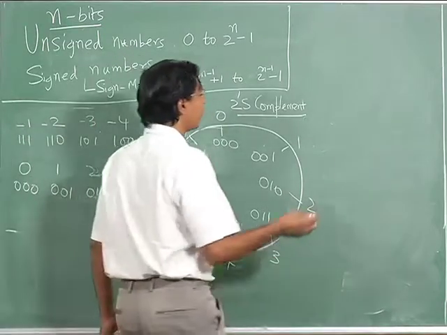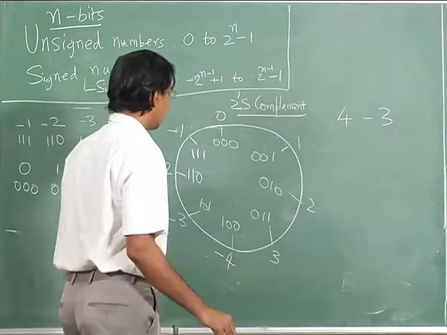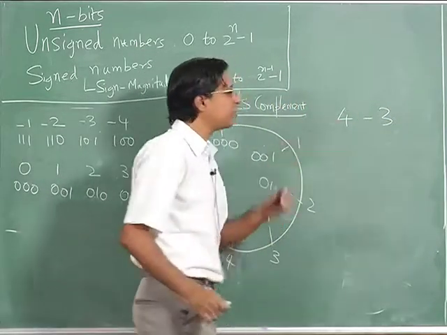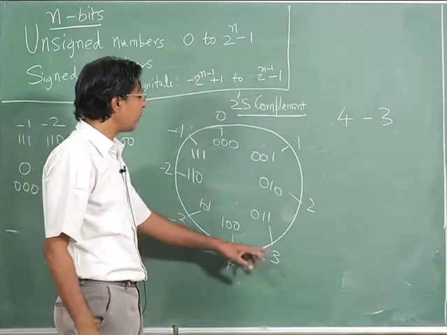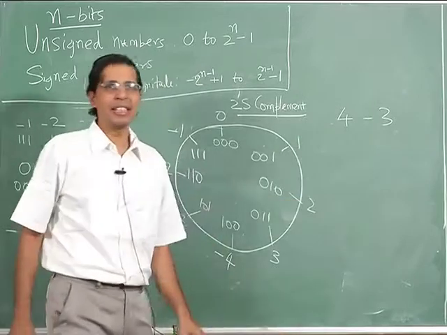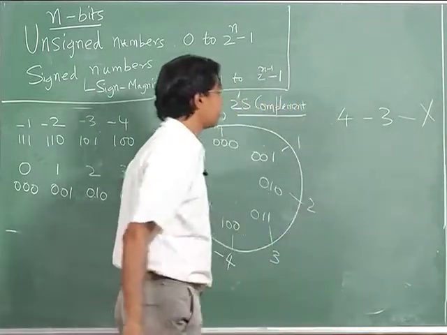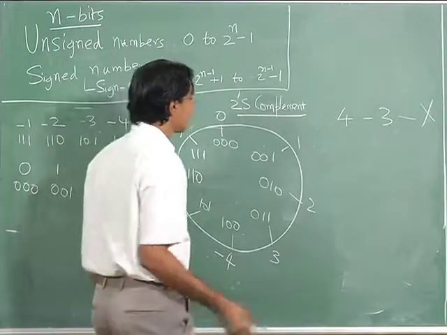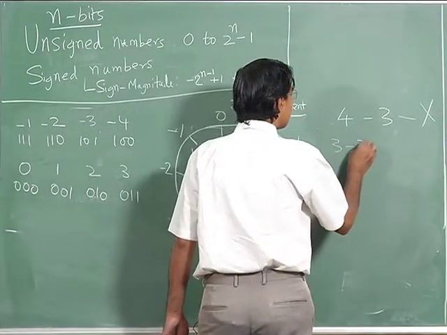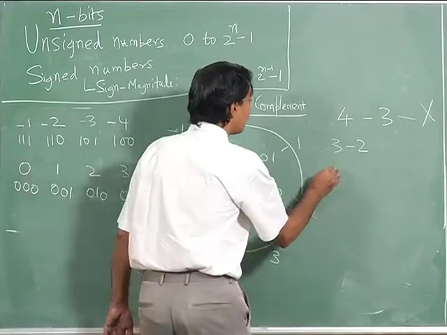Let us say 4 minus 3. Sorry, this is not possible in 3-bit arithmetic because the maximum I can represent is only 3. So 4 minus 3 is not actually possible in 3-bit arithmetic. So let me say 3 minus 2. So what is 3? 0, 1, 1.